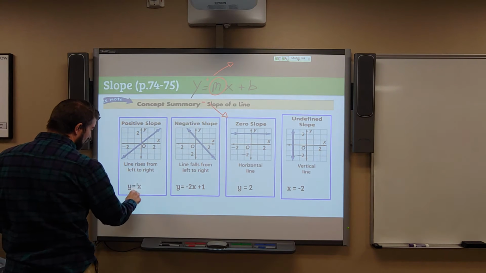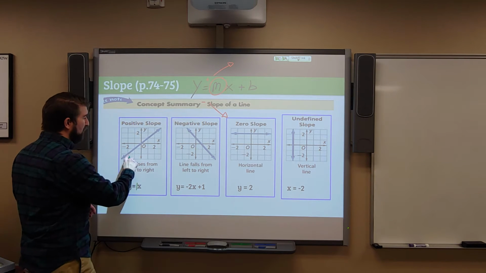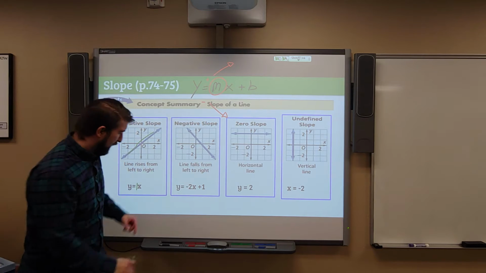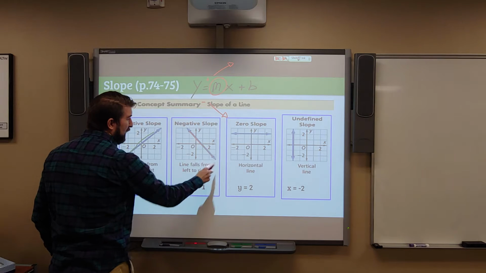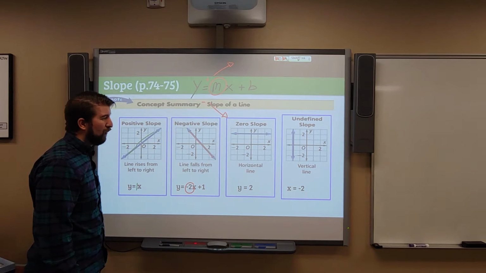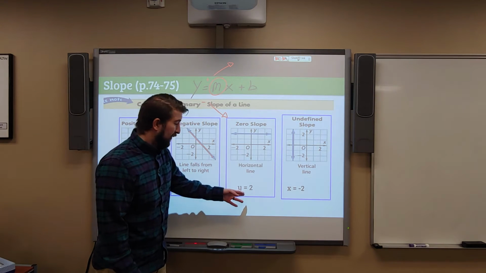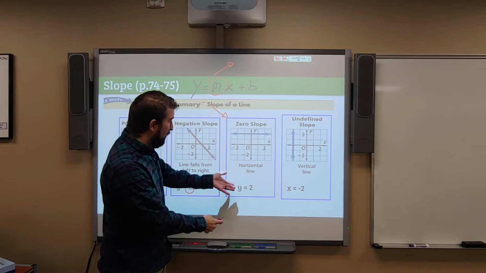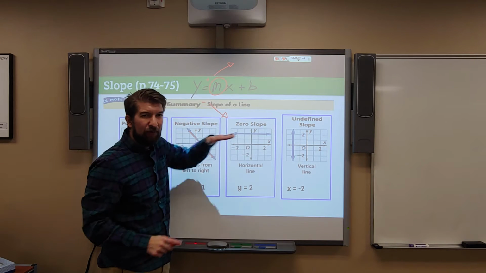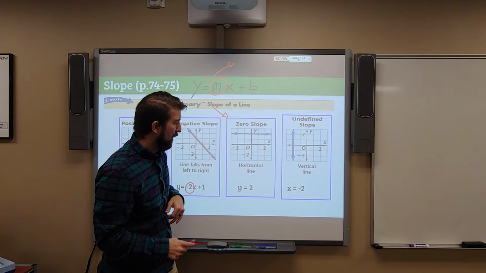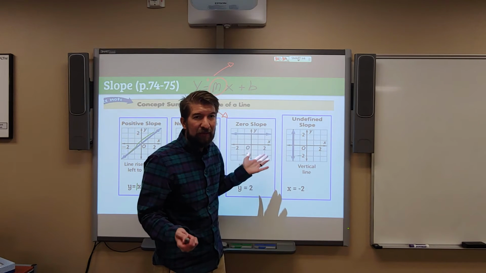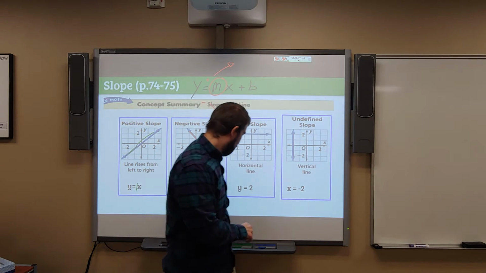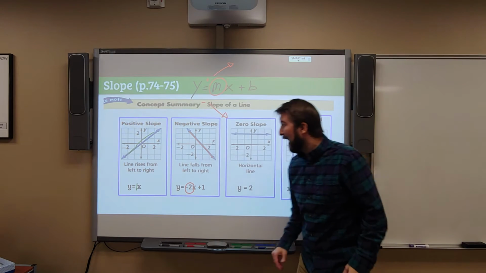It's invisible. It's a positive 1, so there's positive slope. Right here, our slope would be -2, and so it falls to the right. On this one, we don't have an x, and so the slope is 0. There's no slanting. And over here, it's just x equals -2. There's also no slope. It's just a straight line going up and down.